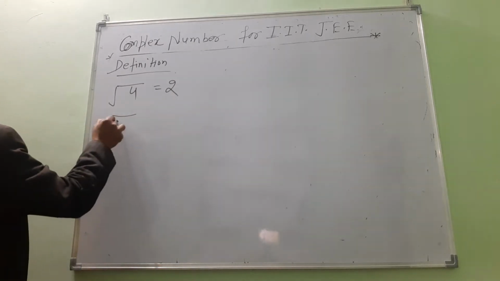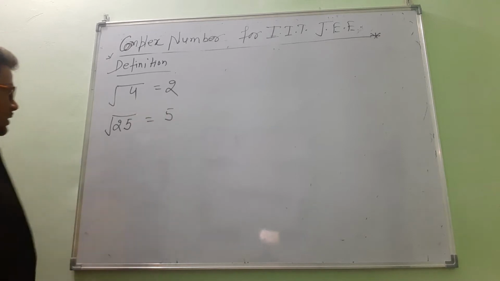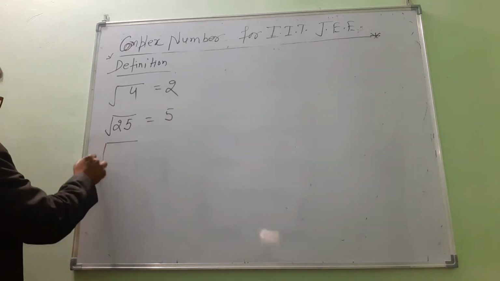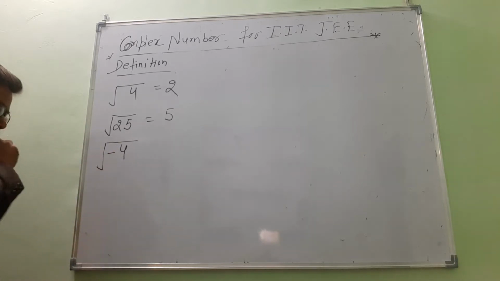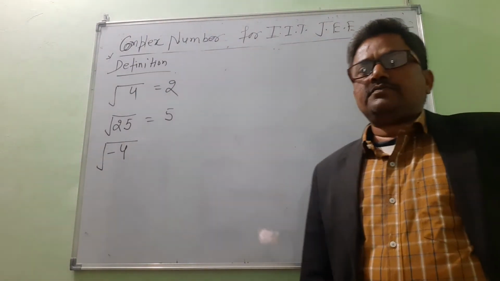If I ask you what is the value of root 25, you will answer very quickly, it is 5. But if I ask you what is the value of under root minus 4, now you will find yourself in problem.